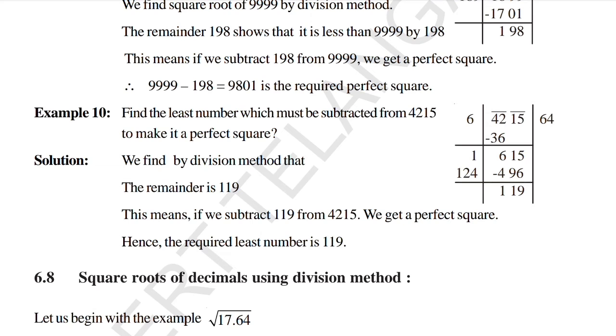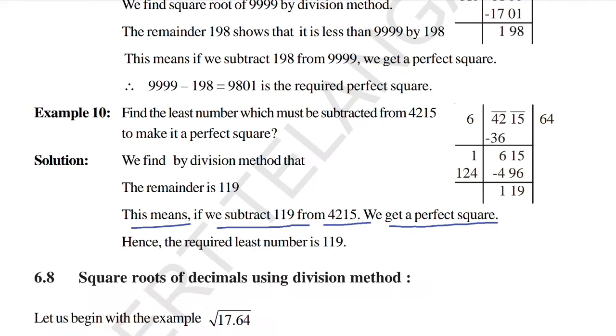Once you observe the solution, for 4215 he applied the division process and did not get remainder 0, he got remainder 119. So we find by the division method that the remainder is 119. This means if we subtract 119 from 4215 we get a perfect square, because in the previous problem, when it was a perfect square we got remainder 0, but here the remainder is not 0.